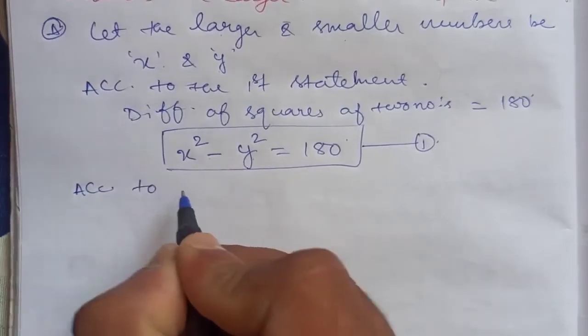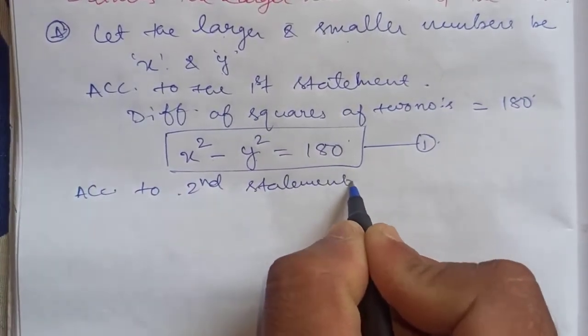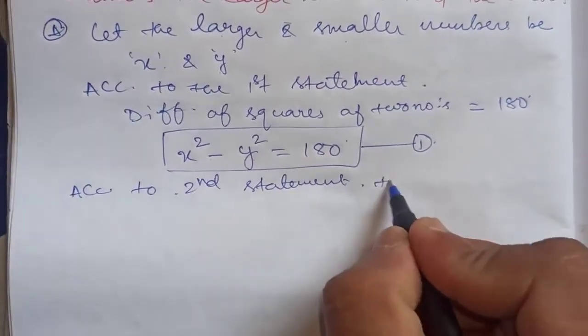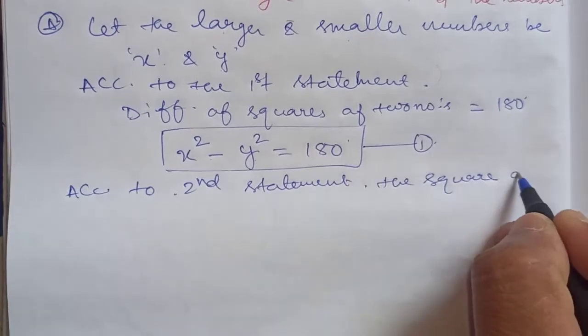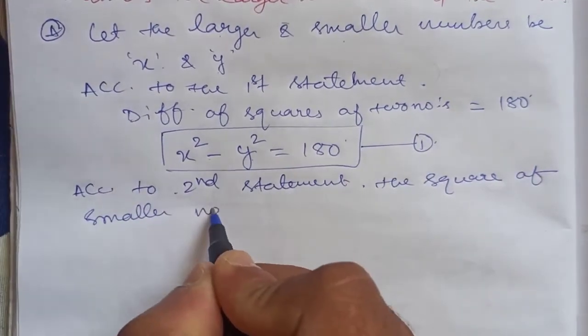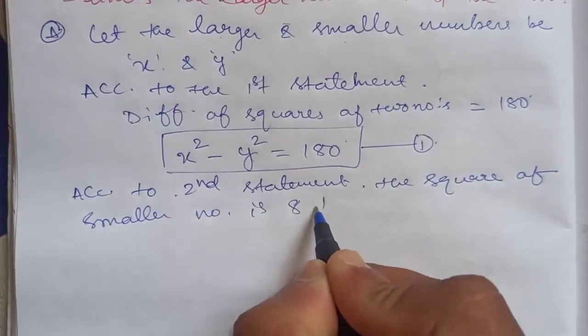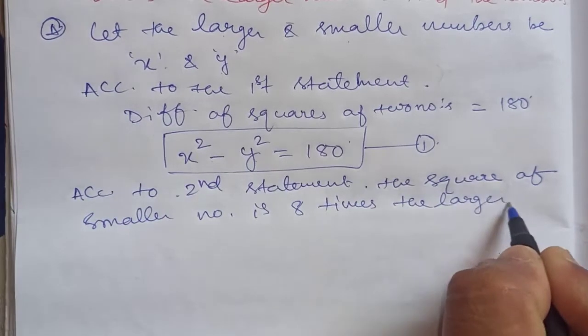According to the second statement, the square of the smaller number is 8 times the larger number.